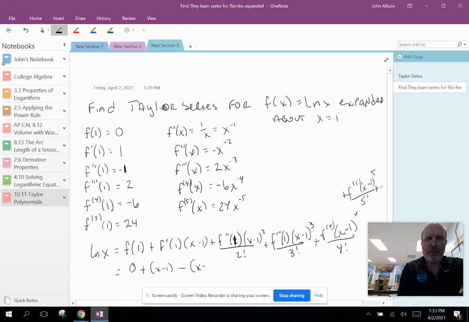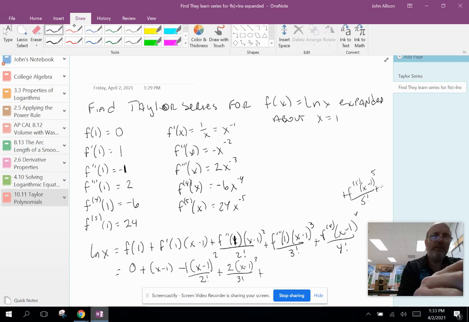Minus 1 goes here, times x minus 1 squared over 2 factorial, plus f triple prime, sorry. f triple prime is going to be 2 times x minus 1 cubed over 3 factorial. And then the fourth derivative was negative 6. This is going to be negative 6.